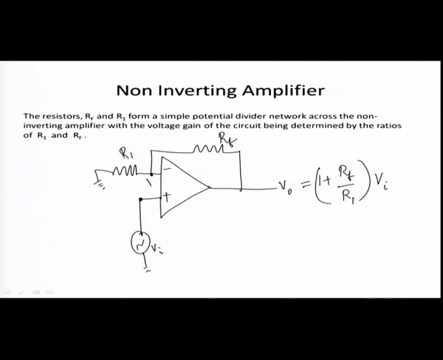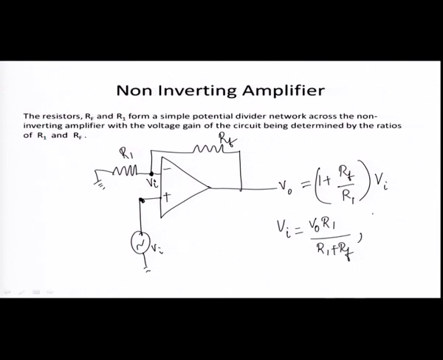So, I am taking this node voltage as Vi. Whatever the voltage at this node is taken at the voltage here. So, Vi is present here virtually. So, I am calculating what is Vi. So, from the output voltage through the potential dividers RF and R1, I am calculating what is Vi: V0 into the resistor R1, across which I am calculating Vi, divided by the total resistance R1 plus RF.